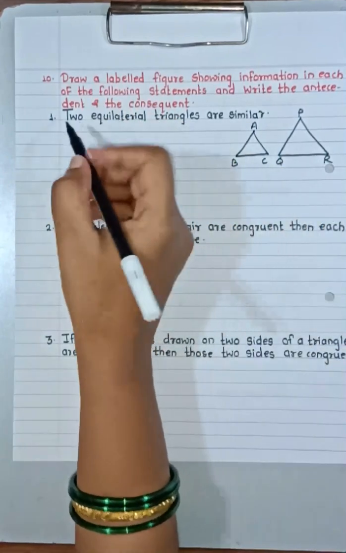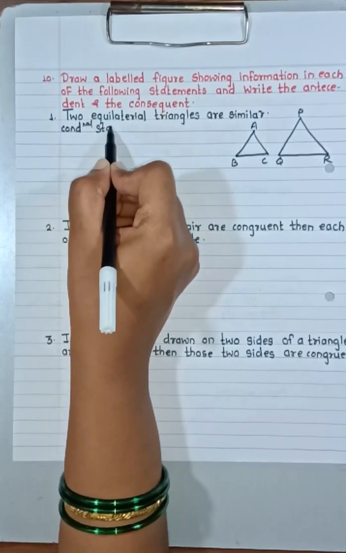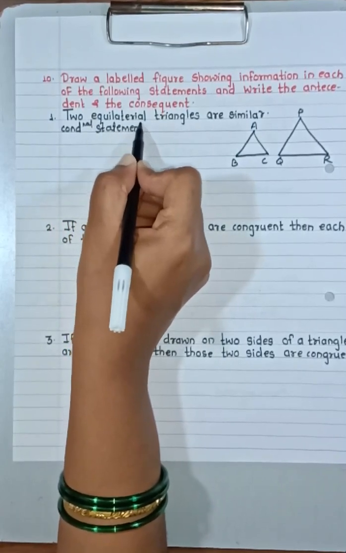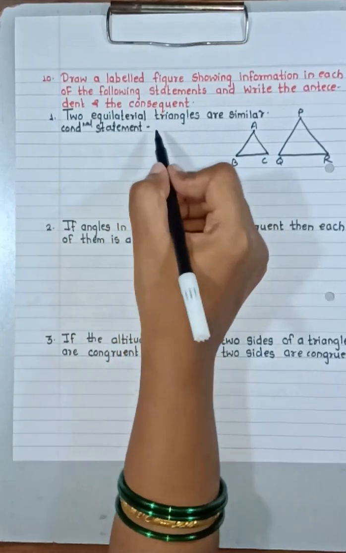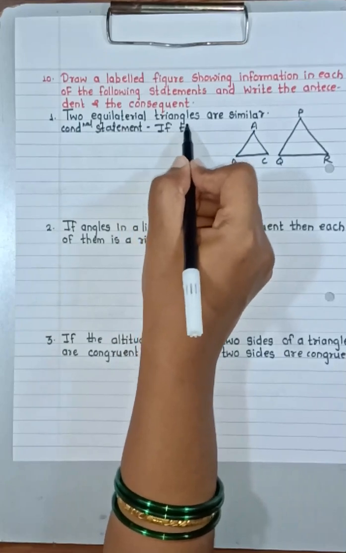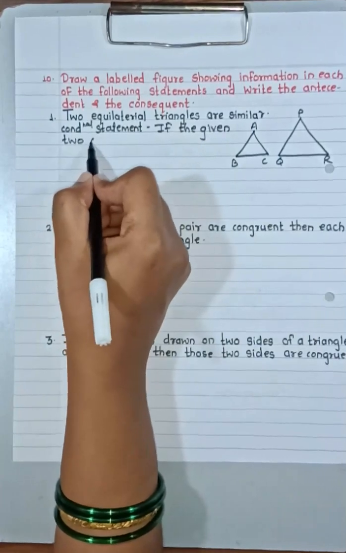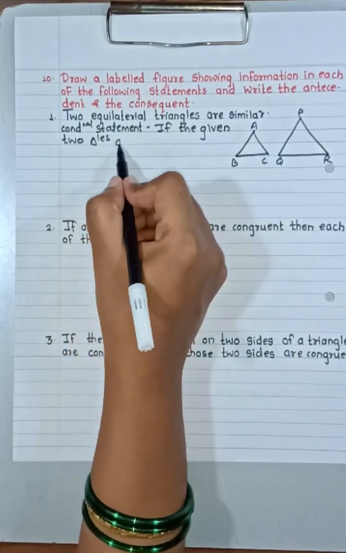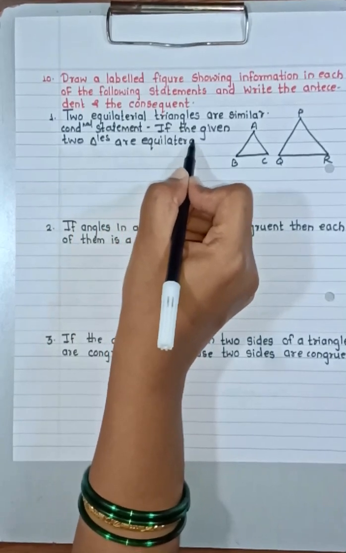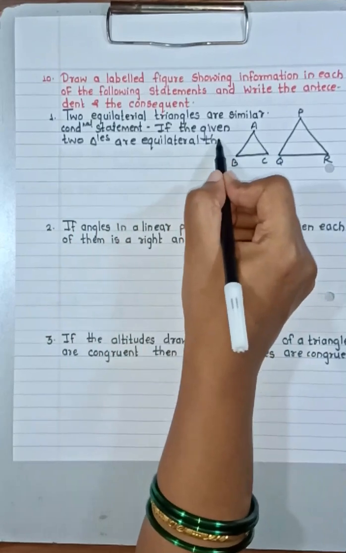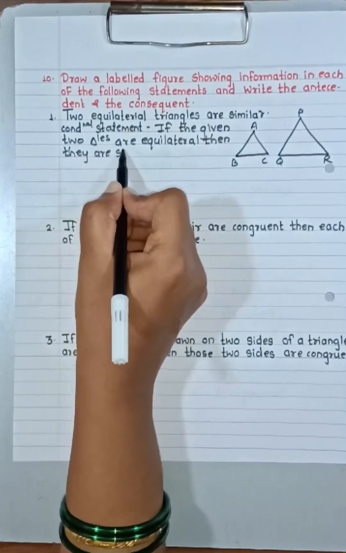Now first we'll write the conditional statement. So what is the conditional statement? If the given two triangles are equilateral, then they are similar.